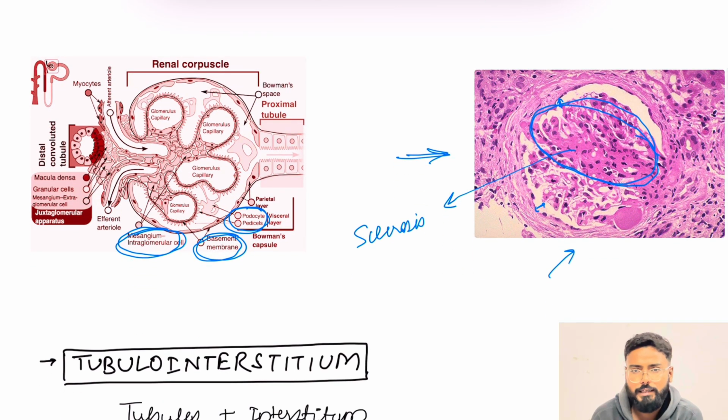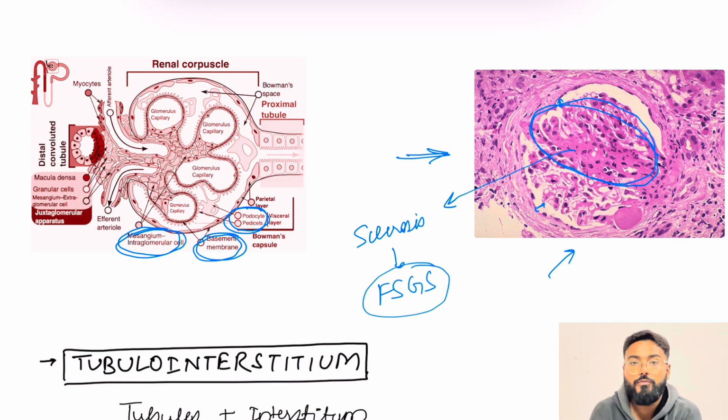So this is the picture of FSGS. This is how focal segmental glomerulosclerosis is going to look. See, this part of glomerulus is completely sclerosed, and you can see deposition of this pink material, and this part is normal.